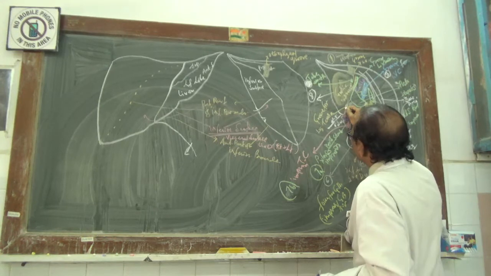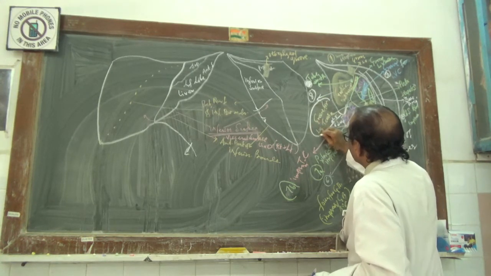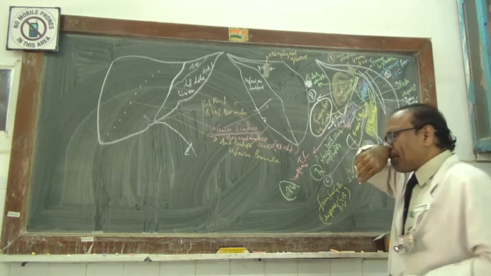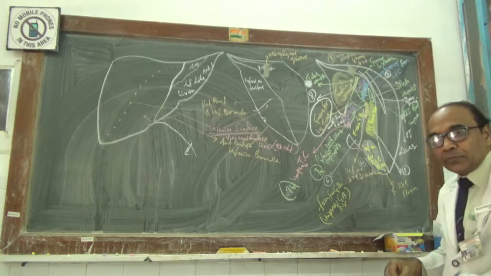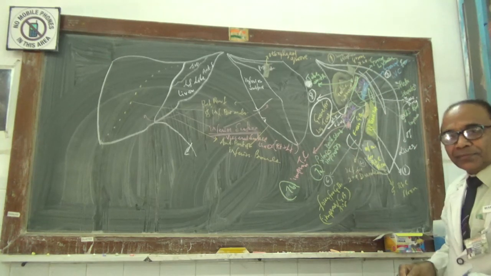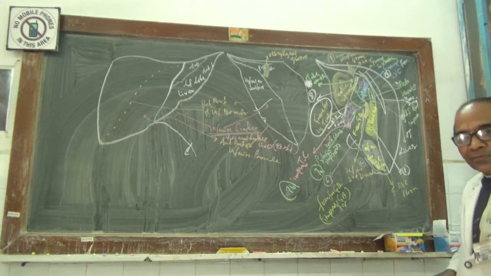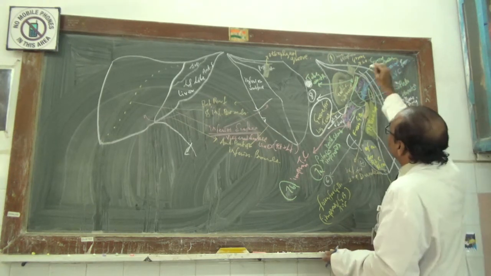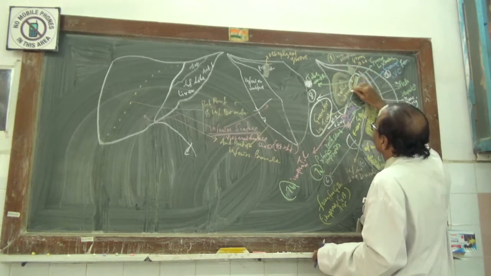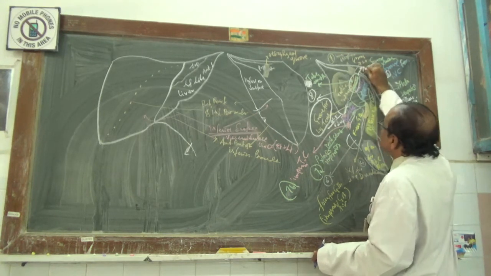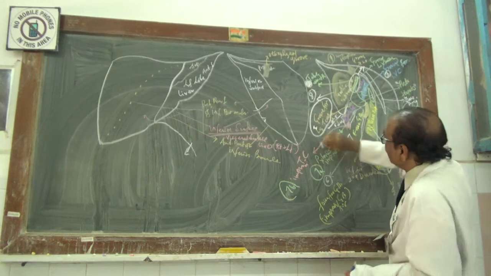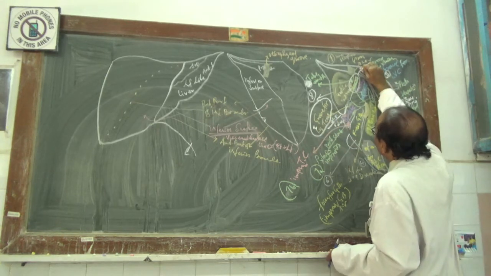So this fissure, or it is a groove, is called the groove for the ligamentum teres of the liver. Now this groove is the first groove, and this is the second groove.